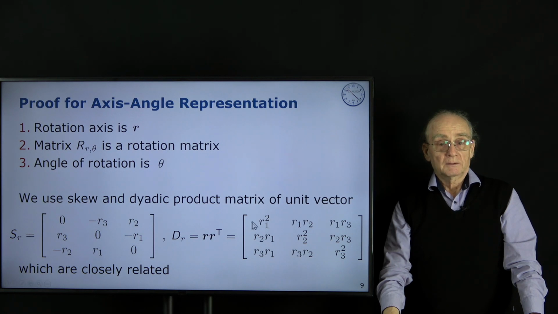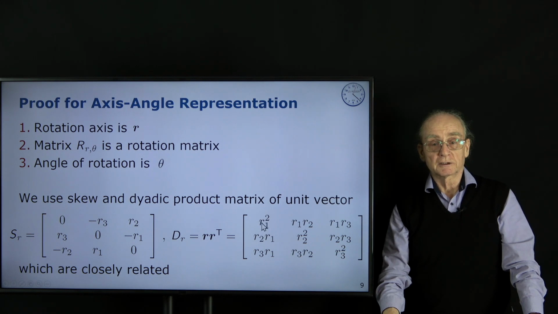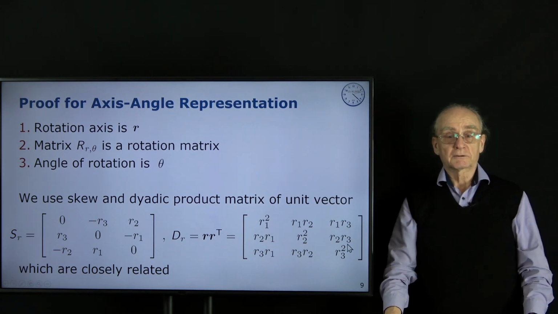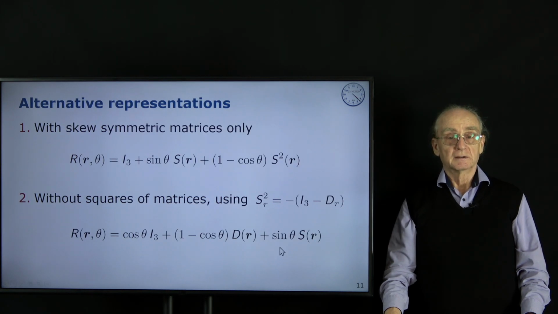So we use these properties that S is the skew-symmetric matrix, and we use this dyadic product of r and r transpose, which actually has r1 square, r2 square, r3 square on the diagonal, and the products of the entries of r on the off diagonals. It's a symmetric matrix. And these two matrices are closely related, and I collect some relations between these two matrices on the next slide.